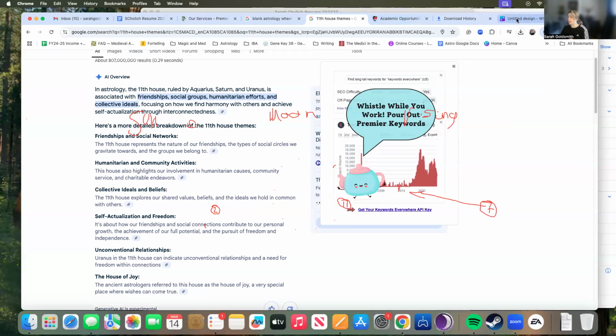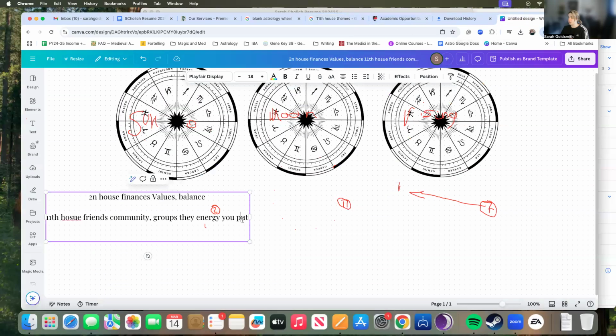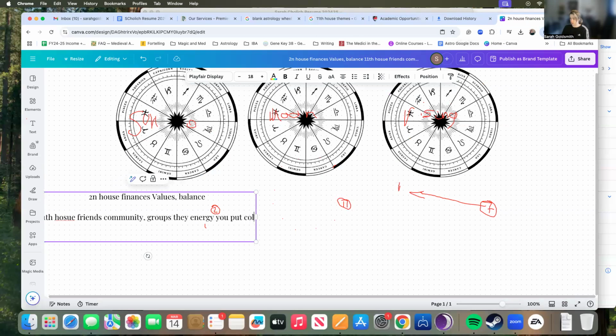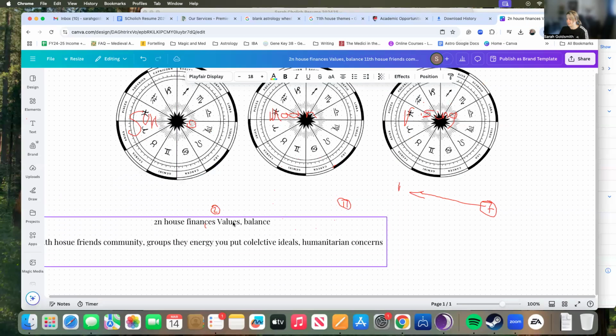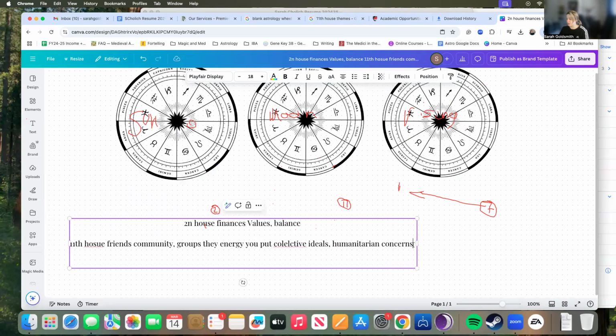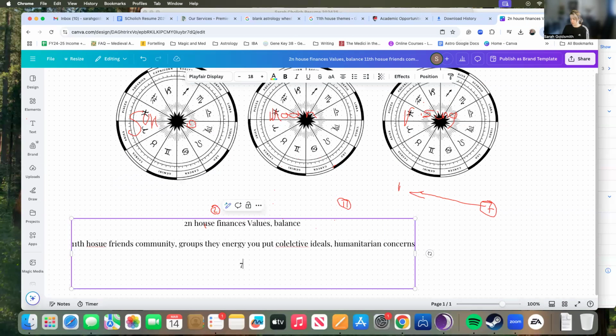So go back to Canva. Collective ideals, humanitarian concerns. And then of course we have the seventh house: relationships.